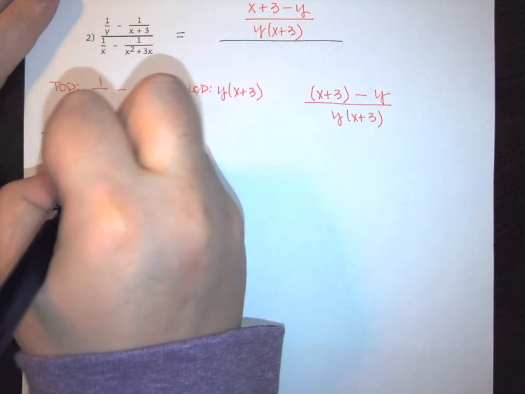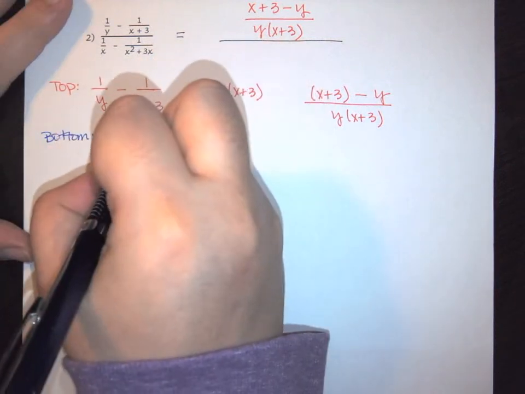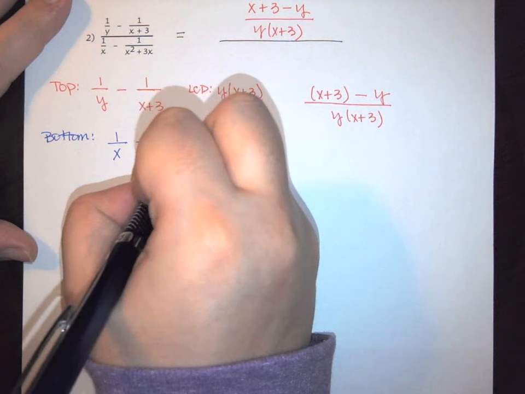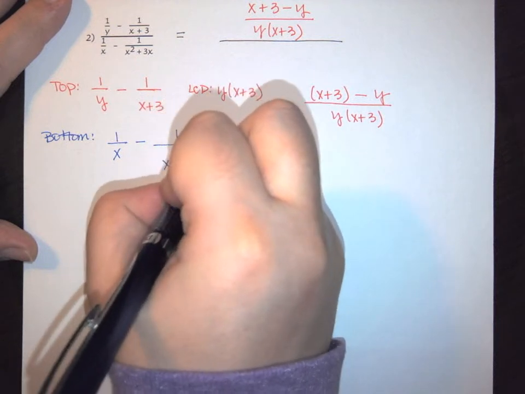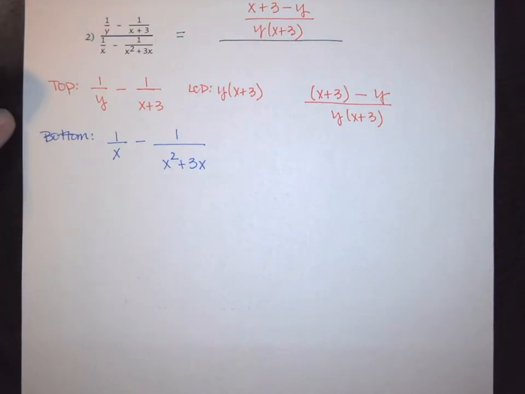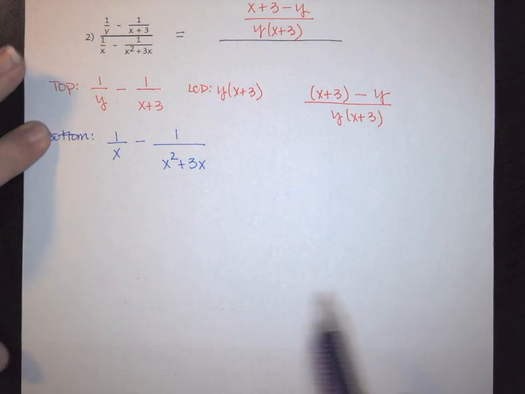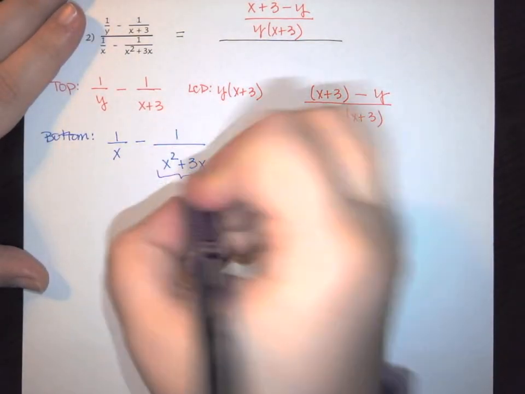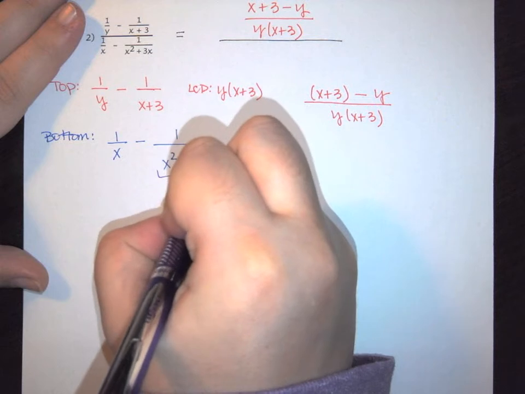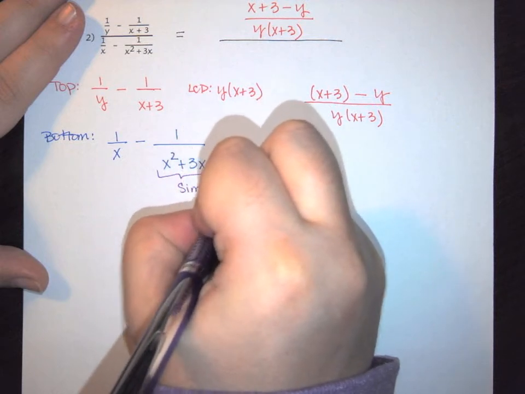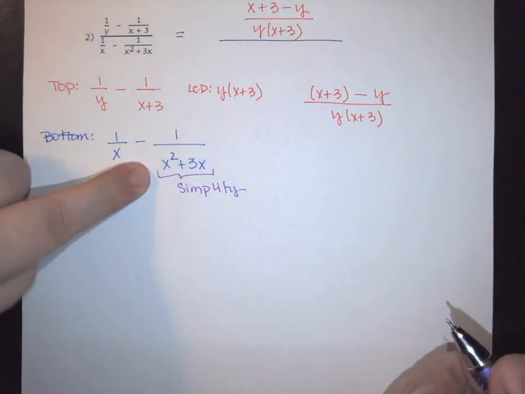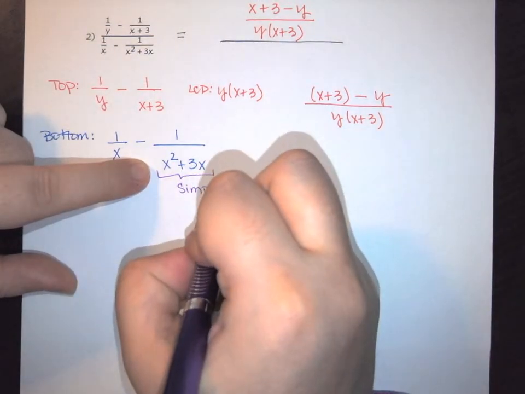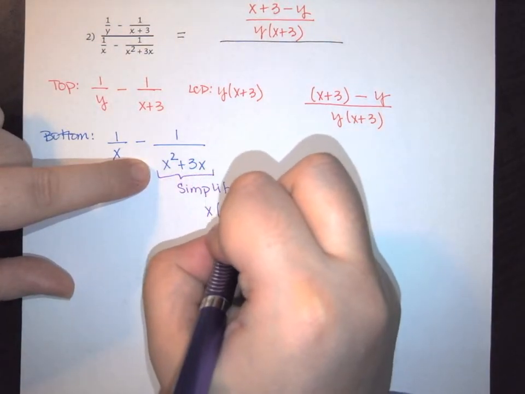So we have 1 over x minus 1 over (x squared plus 3x). The very first thing that we want to do here is simplify this denominator. So to do that, I can pull an x out. So this is x, and what's left behind is (x plus 3).